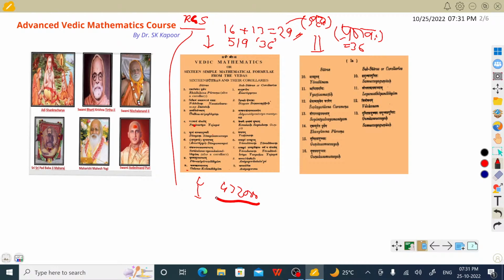Vedas are 4: Rigved, Yajurved, Samved, and Atharved. Rigved has 21 branches. Yajurved has 101 branches. Samved has 1000 branches, and Atharved has 9 branches. All this literature has not reached us.